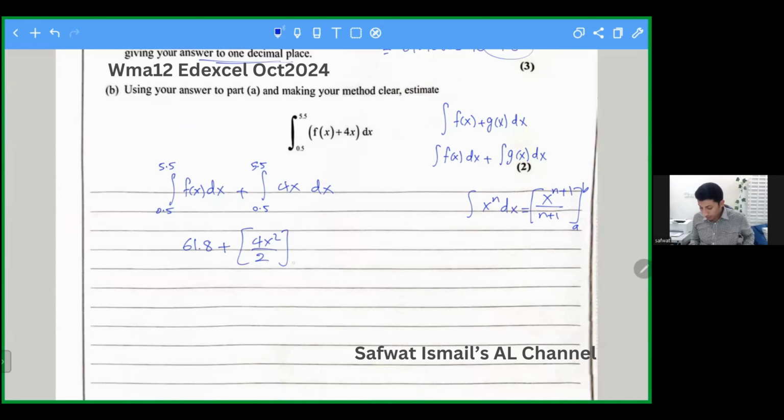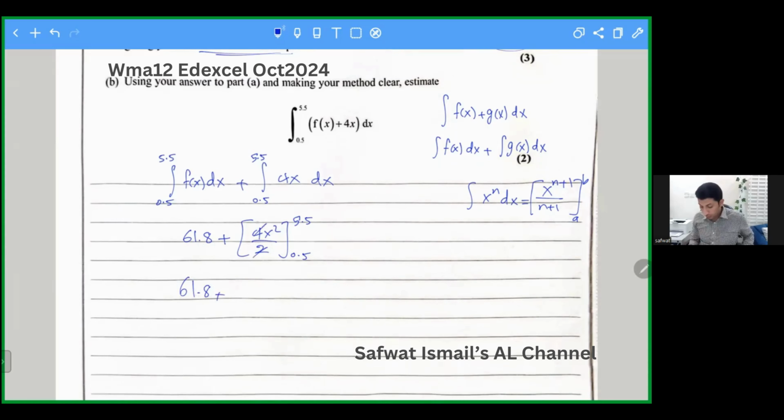And we have the boundaries from 0.5 to 5.5. So 61.8 plus, now of course we can simplify, it will be 2x squared. Now use the upper value, which is 5.5. So 2 times 5.5 squared minus 2 times 0.5 squared. And the answer for this part is 60. So 61.8 plus 60, that's going to be 121.8.